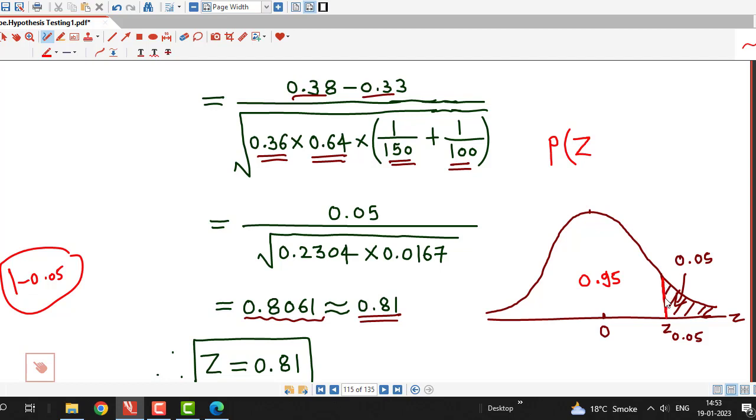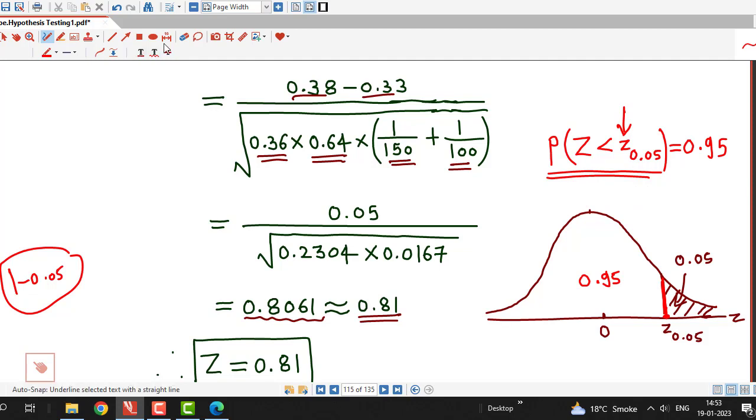So this is to the left of this point, therefore we can say that probability that value of capital Z is less than this value of Z is equal to 0.95. Area to the left of this point is this cumulative probability, and we are interested in this value such that this area is 0.95.